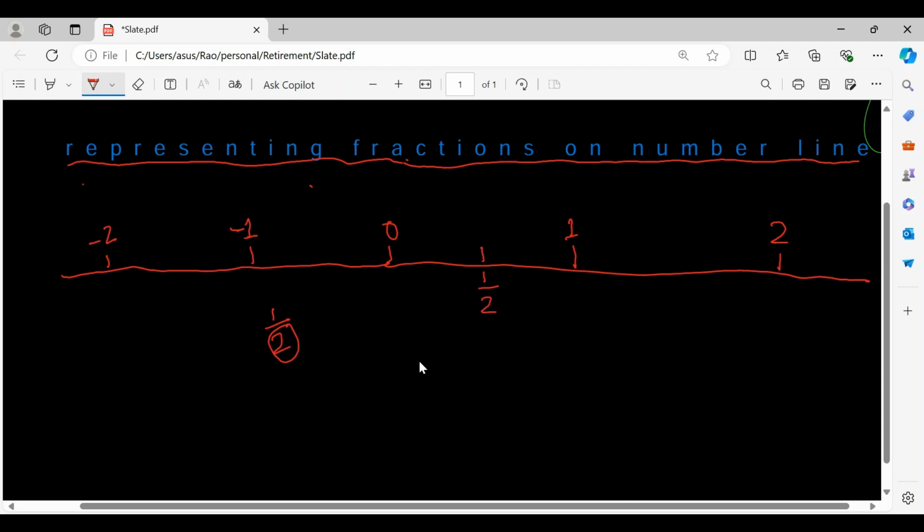Now we consider another example, if we have to show 1 by 3 on the number line. I am keeping these numbers very small intentionally because I want to clear your concepts.